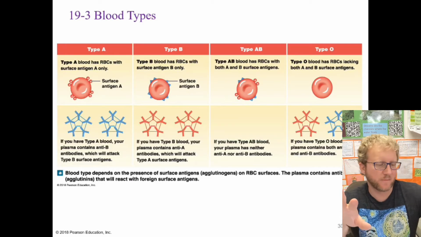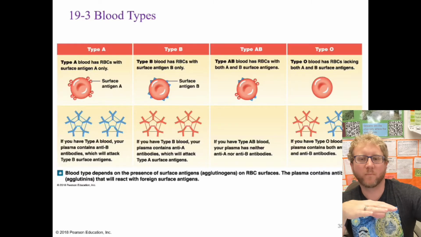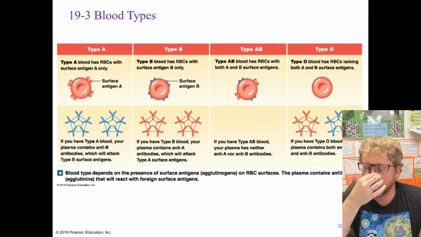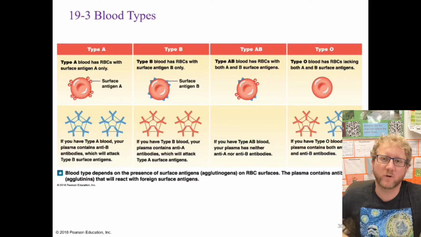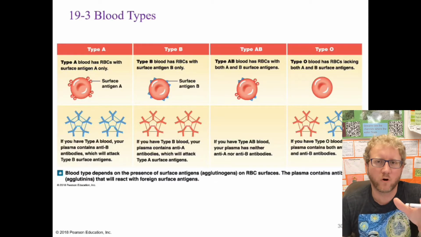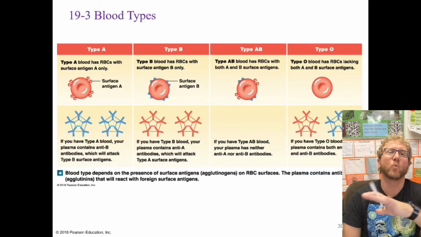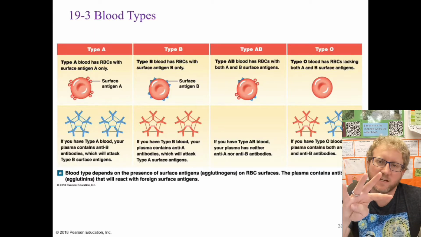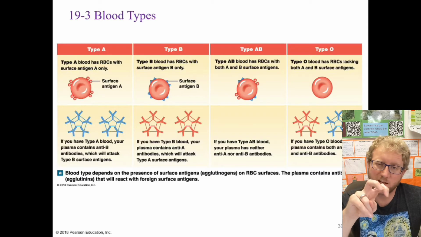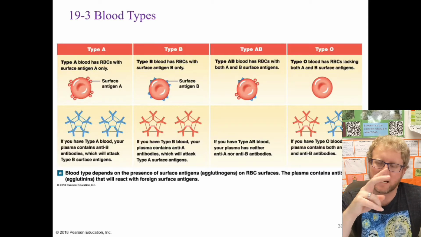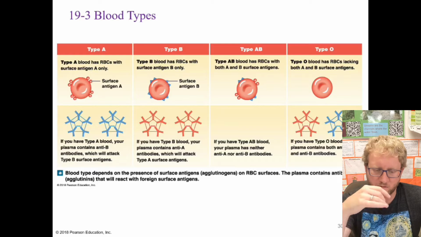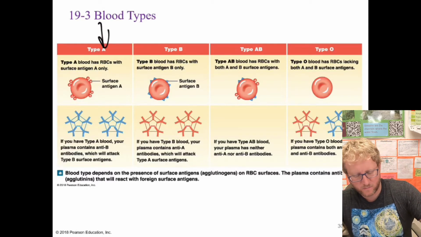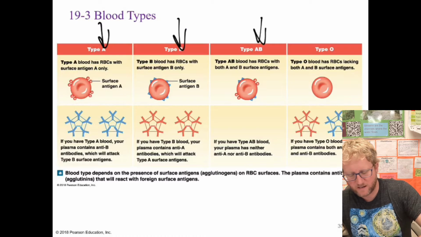Now, I will say as a disclaimer, there are way more antigens than just the ones that we're talking about, and blood typing gets really complicated, especially if you're doing organ donation, where it gets even worse. But we're going to be talking about the 4 main blood types, and then there are sub blood types in there, so there are technically 8 blood types. I'm getting ahead of myself. And so basically we have A, B, AB, and O.